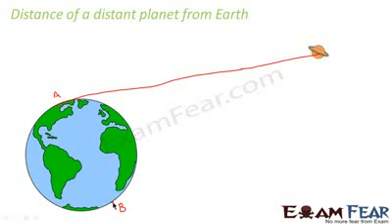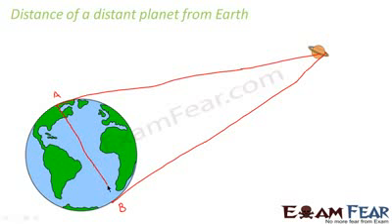Since the object is very far off, so this object can be treated as a small point. And the distance between the points A and B is what we have defined as basis. So this is our basis, and in this case, this basis is nothing but the diameter of the Earth. So B is the diameter of Earth.